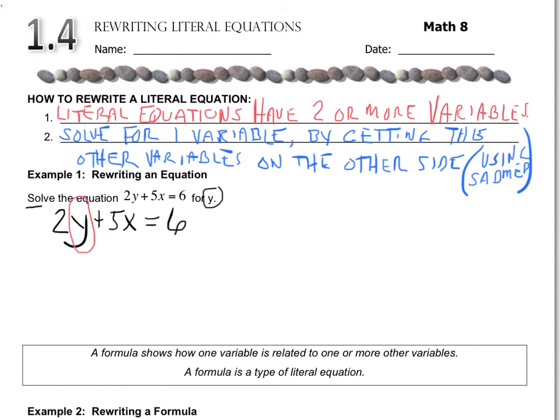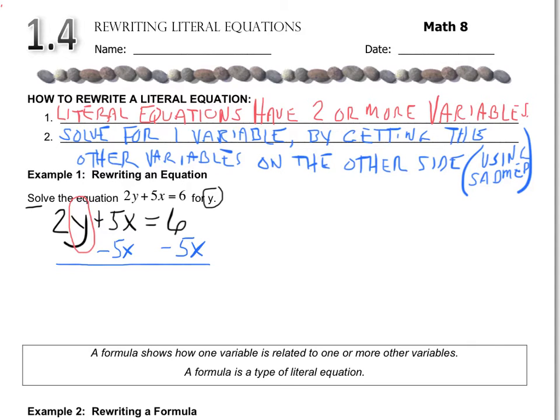So first we're going to move the 5x. We're going to take that whole term and move it to the other side. We move it by undoing adding 5x, so we subtract 5x.